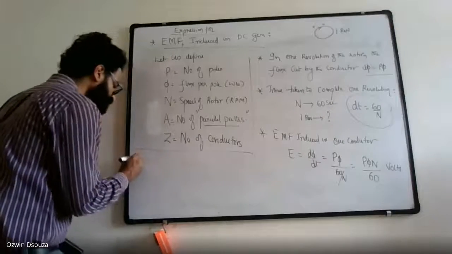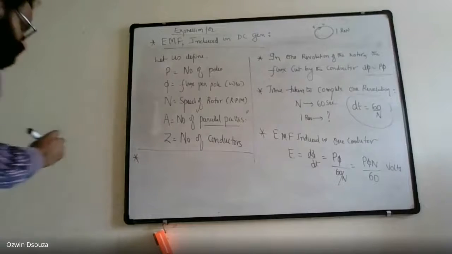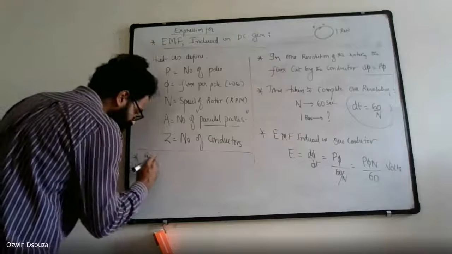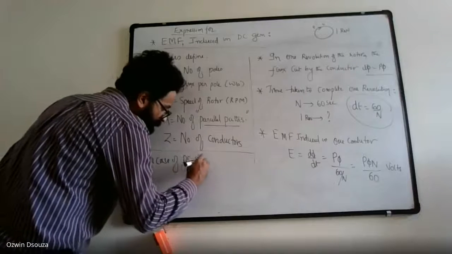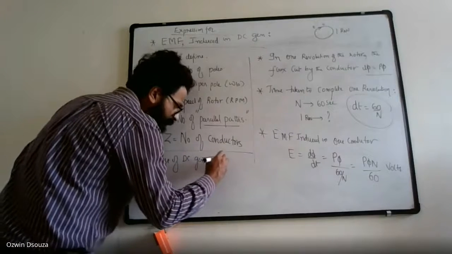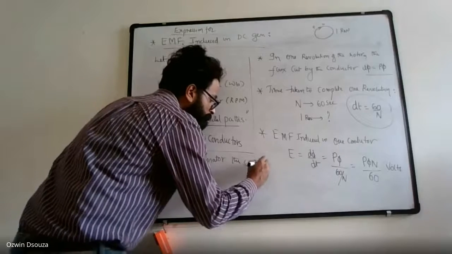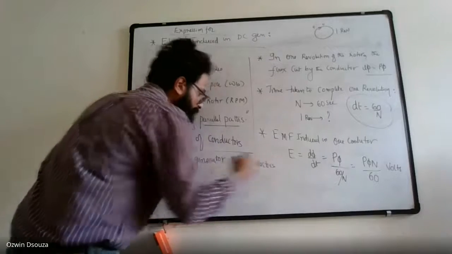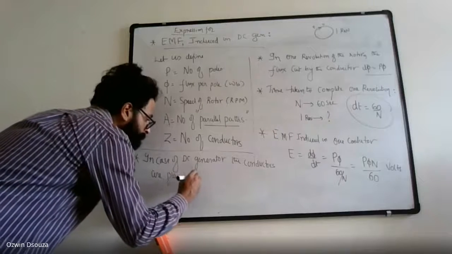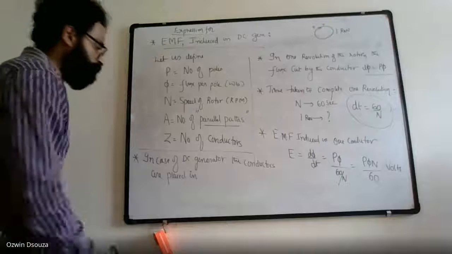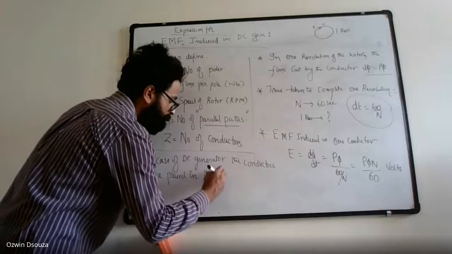However, in case of a DC generator or DC machine, the conductors are placed in parallel paths.